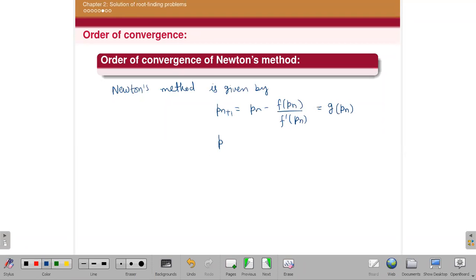So here I can write p n plus 1 is equal to g of p n. This is the sequence we got in the fixed point iteration also, where g of p n is this. So here we can write g of x is equal to x minus f of x divided by f dash x.